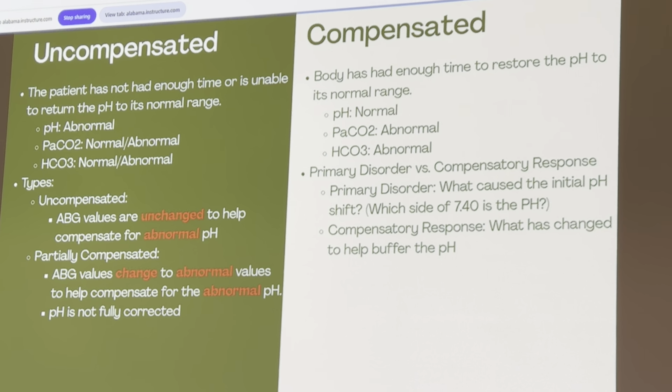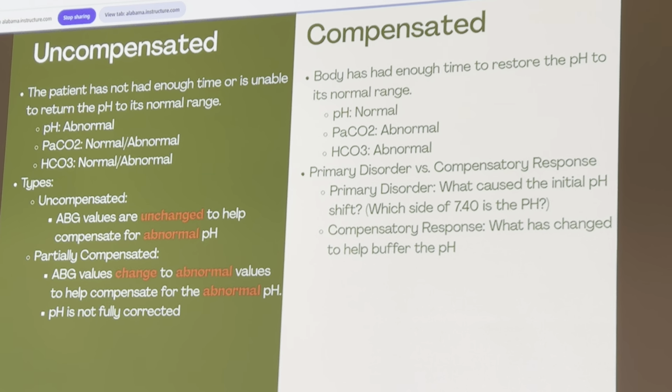If it's on the lower end and my other values are abnormal, then I can consider it either metabolic acidosis or respiratory acidosis. If it's above that 7.4, on the higher end, remember, that could be something like a respiratory alkalosis or a metabolic alkalosis. That's going to make more sense when we start doing some of these, okay?